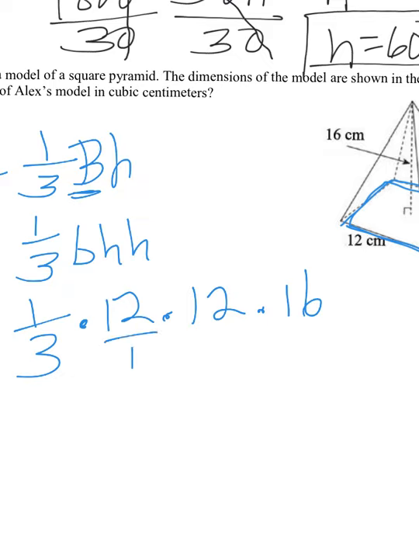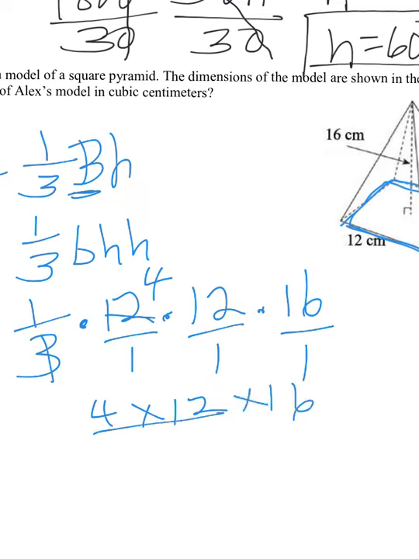Put the 12 over 1, and that will allow you to cross-cancel the 3 with one of the 12s. 3 goes into itself once and into 12 4 times. So now you have 4 times 12 times 16. 4 times 12 is 48 times 16.